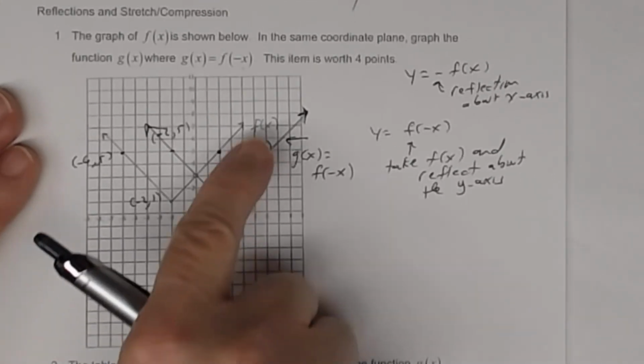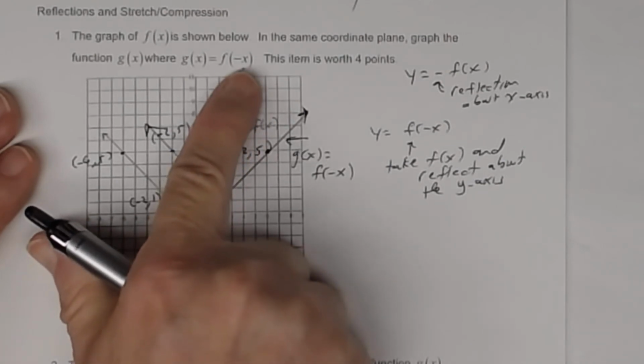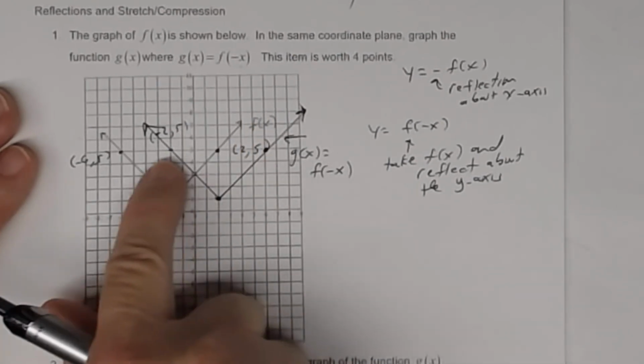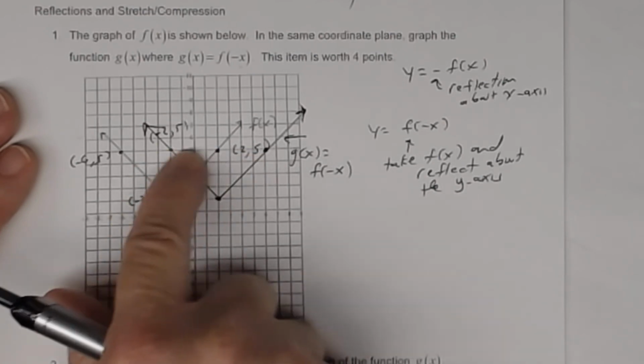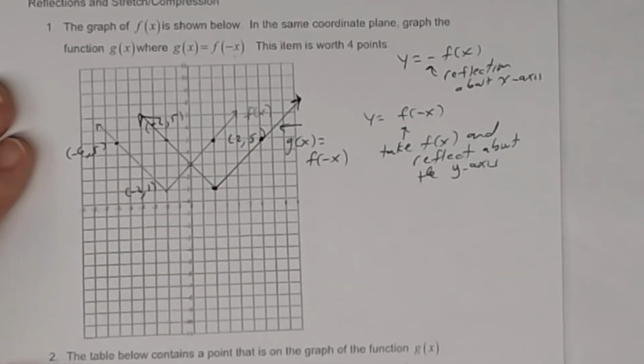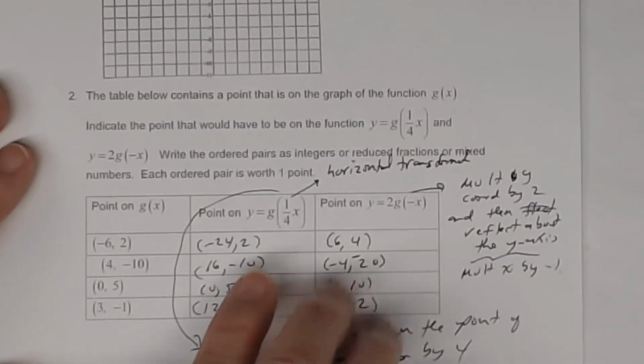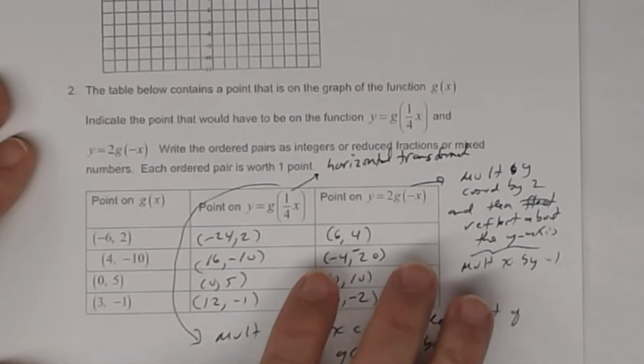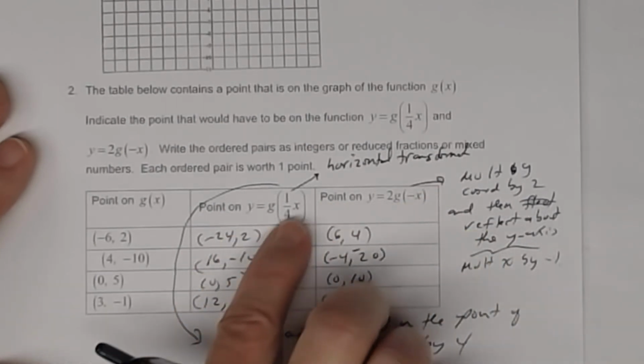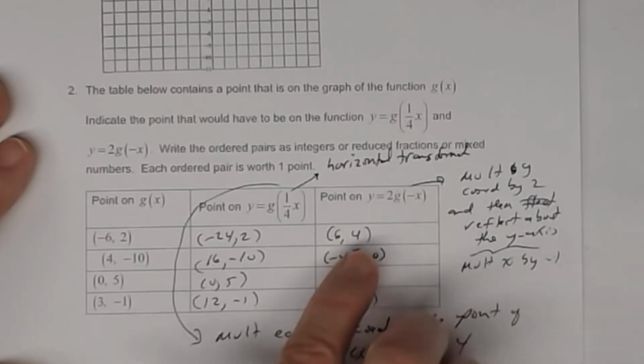The first part dealt with the reflection about the y-axis. Remember, when you reflect about the y-axis, the y-coordinate stays the same and the x-coordinates are opposites. Just make sure you understand each of those transformations.